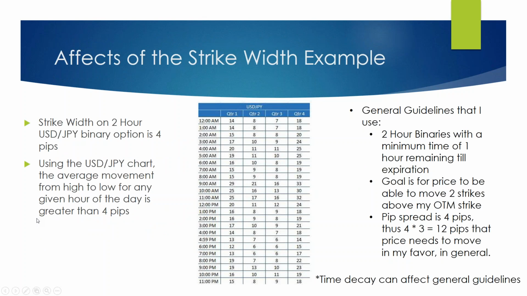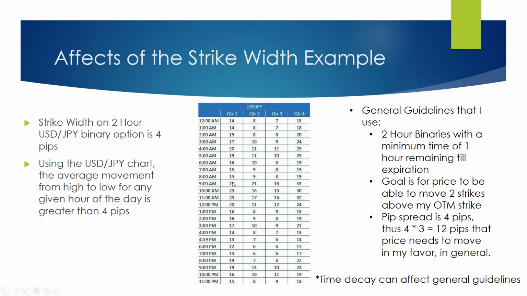Now, the other thing that I like to explain to everybody is the strike width. On a 2-hour binary option, it is 4 pips on the USD JPY. Okay? Now this is a chart from a study that I did on the indices and the commodities and the forex markets.